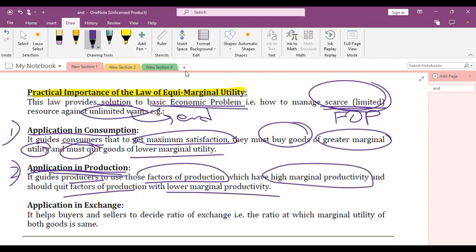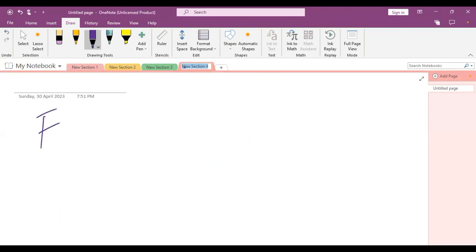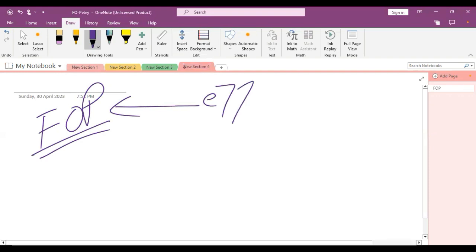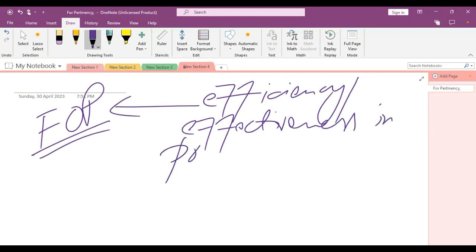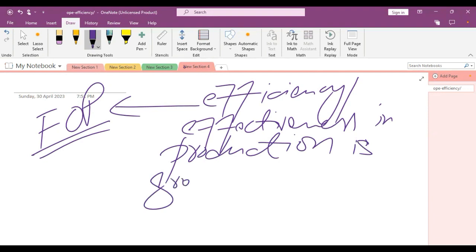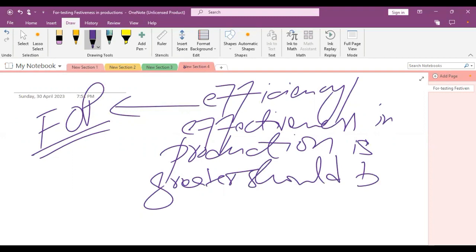It means that the factors of production whose efficiency or effectiveness in production is greater should be used.